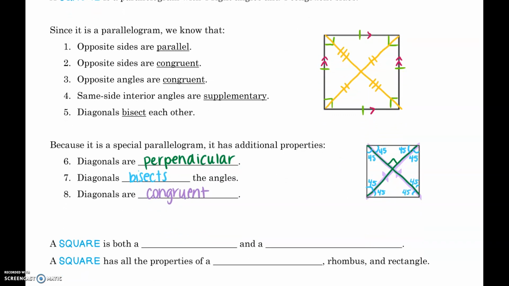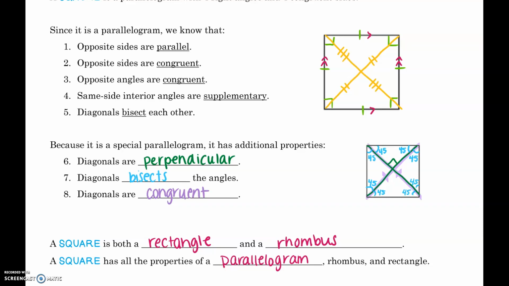So to sum this up a little bit, we know that a square is both a rectangle and a rhombus, and that it has all the properties of a parallelogram, rhombus, and rectangle.